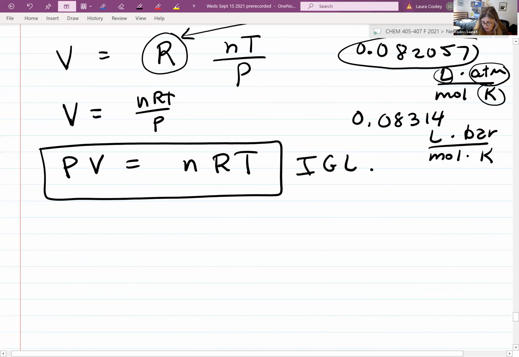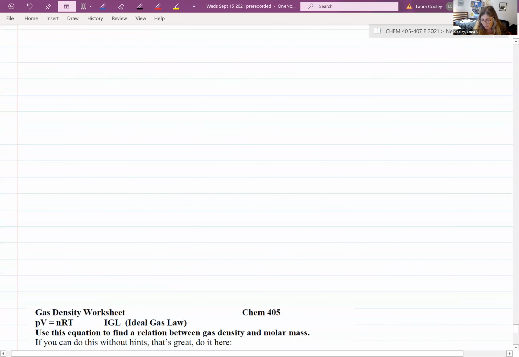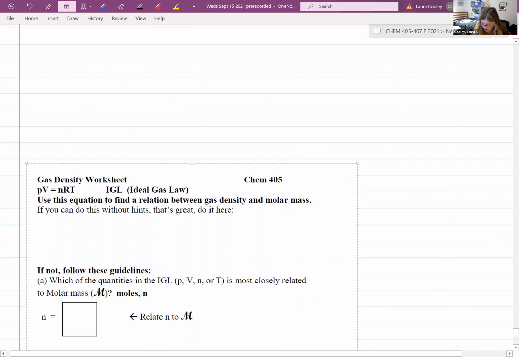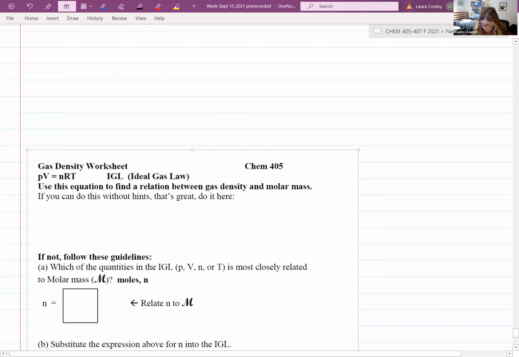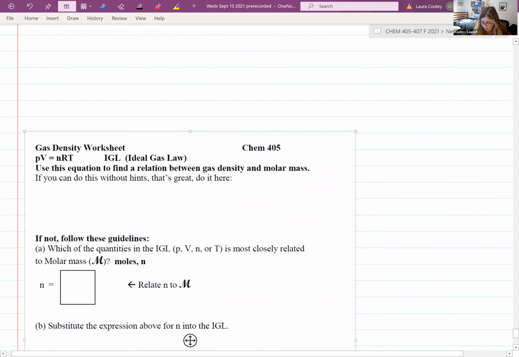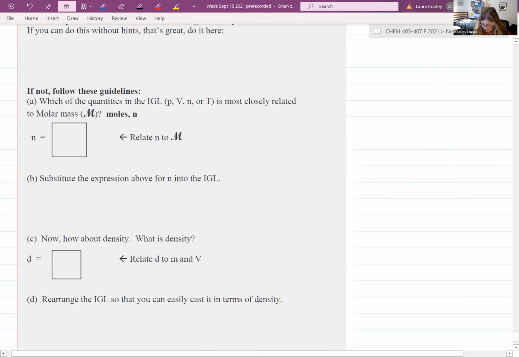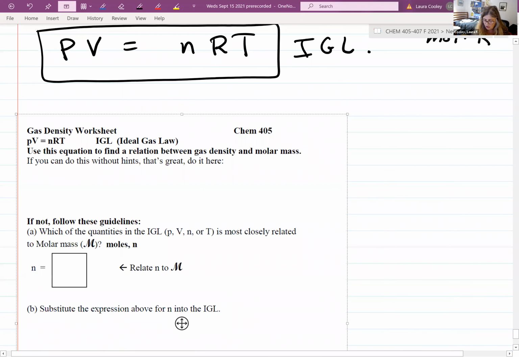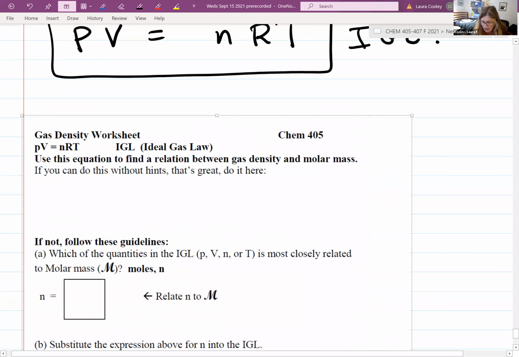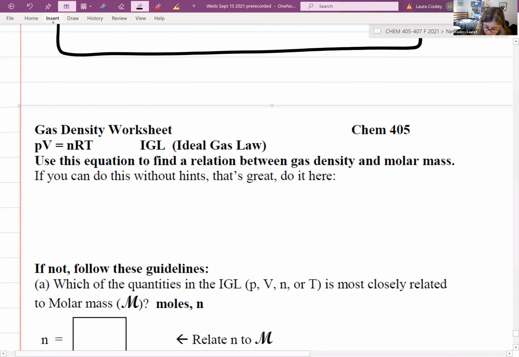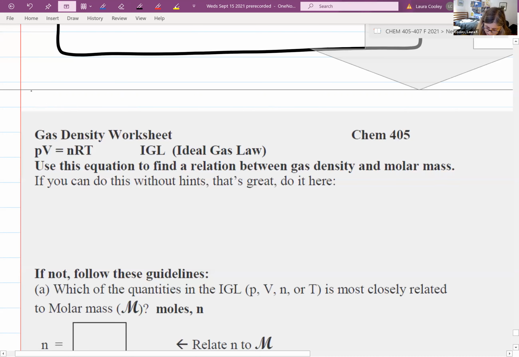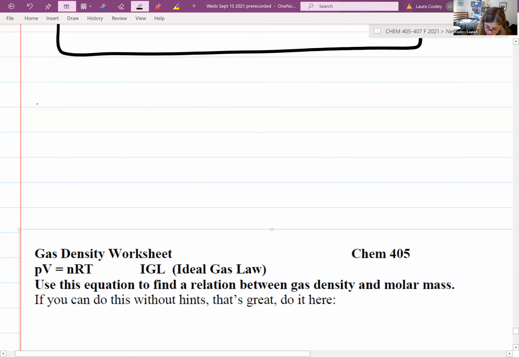So I'm almost done for today. What I want to show you here is the gas density worksheet. I'd like you to go home and do this worksheet. It's not that long. You're expected to know how to do all kinds of gas problems. Some are in the homework.